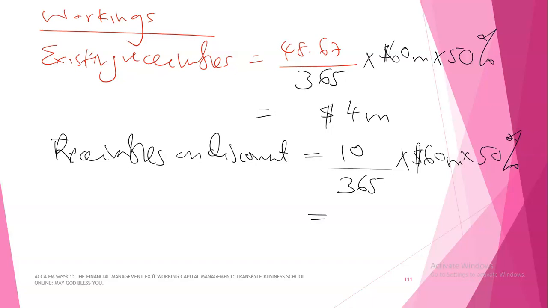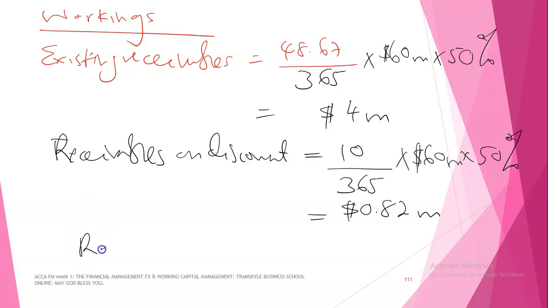Please use your calculator. Obviously, as the numerator is now lower, from 48.67 to 10, the receivable figure we are going to get here is lower than the 4 million above. And this should come to 0.82 million.